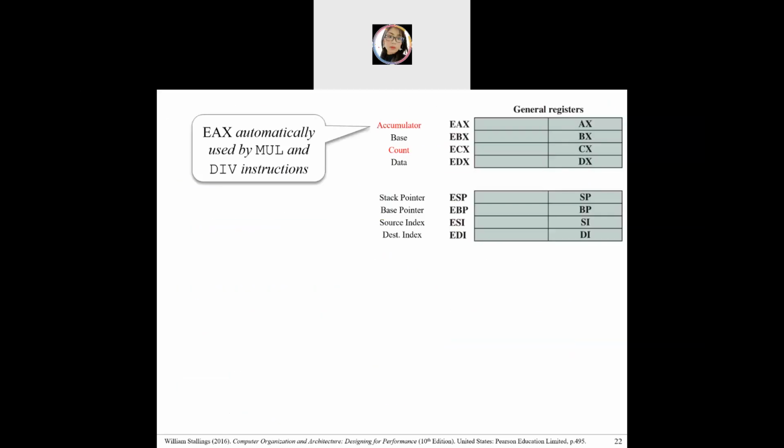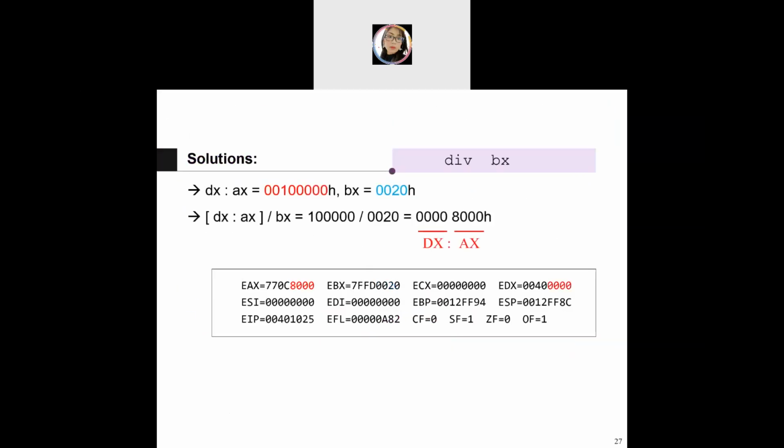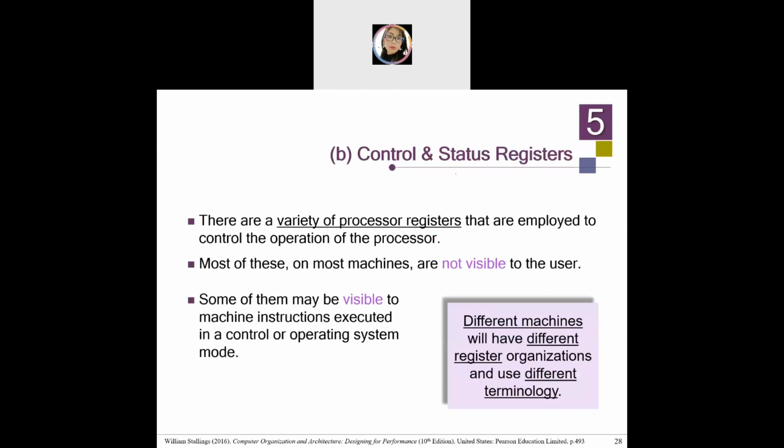Normally it's not visible to you. So let's see what we have in our control and status registers. There are various processor registers that are employed to control the operation of the processor.